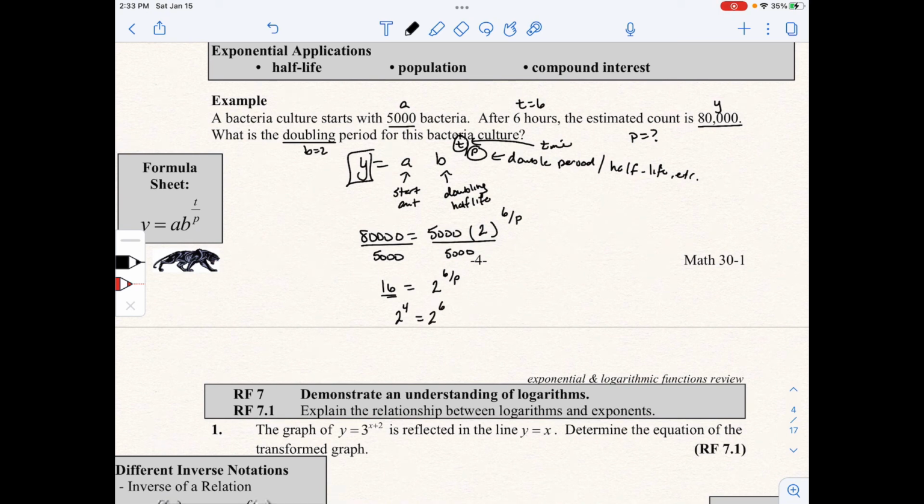So 2 to the 4 equals 2 to the 6 over P. So 6 over P is equal to 4. And some of you remember the little trick that we can just switch our diagonals. So P is 6 over 4, or 3 over 2, or 1.5 hours.